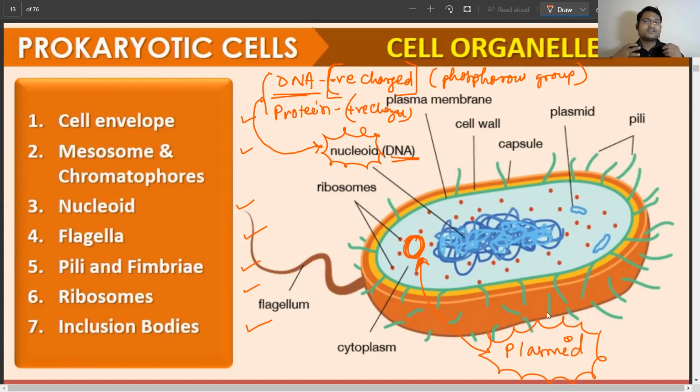Sometimes you might know that bacteria can survive against antibiotics, right? We typically use antibiotics to kill the microbe, but sometimes the antibiotic does not function, or you would have heard about multi-drug resistance or antibiotic resistance.